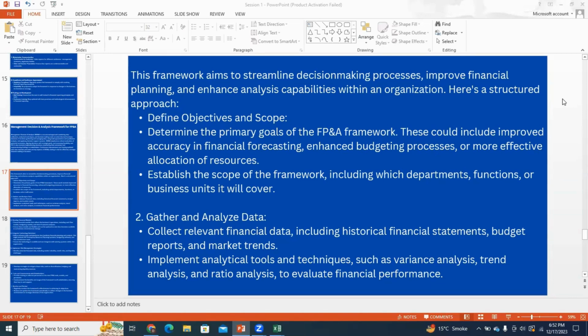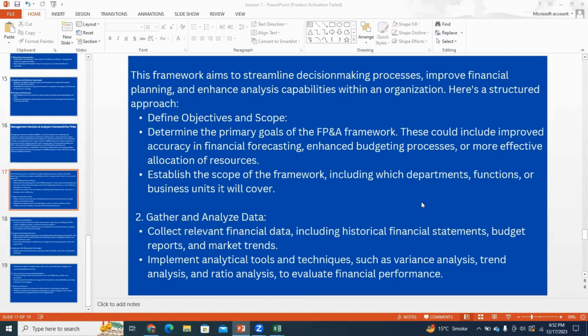It says historical financial statements, budgeted reports, market trends, the inflation cost report, etc. All should be gathered and then analyzed. It says implement analytical tools and techniques such as variance analysis. This is a technique. Trend analysis is also a technique. Ratio analysis is a technique to evaluate financial performance.